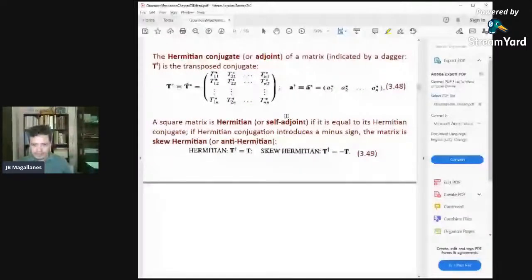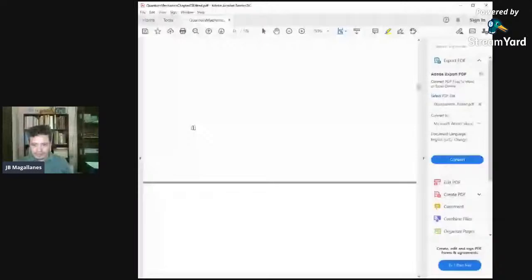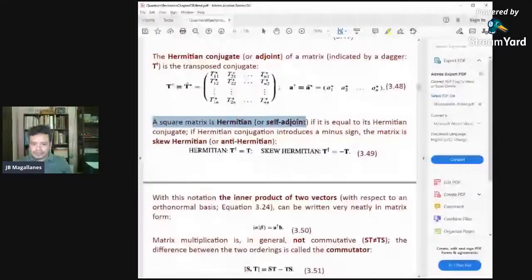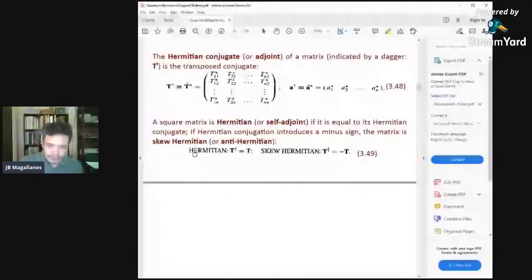There's another definition: Hermitian or self-adjoint. The matrix is Hermitian if the original is equal to the Hermitian conjugate of the matrix.